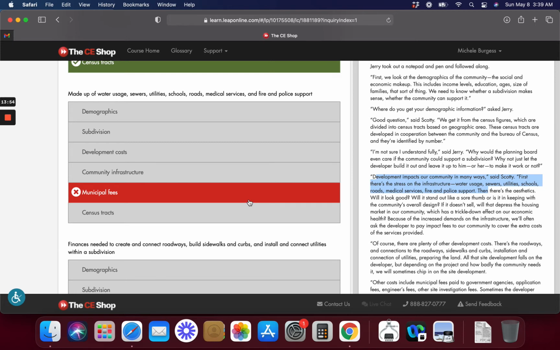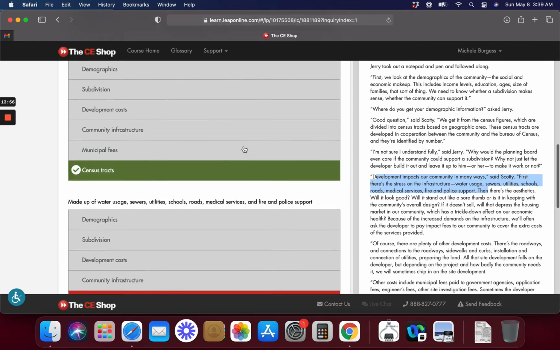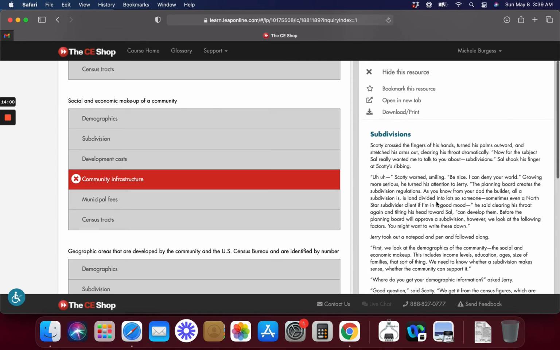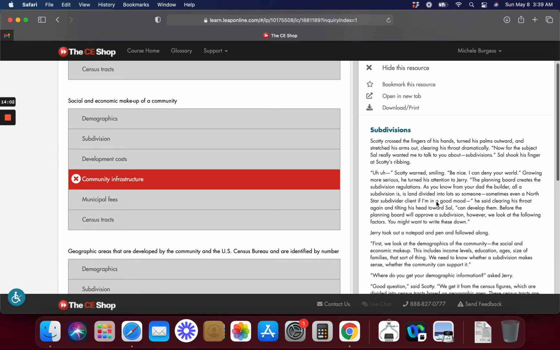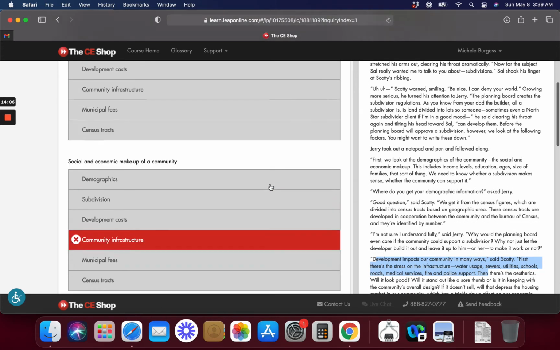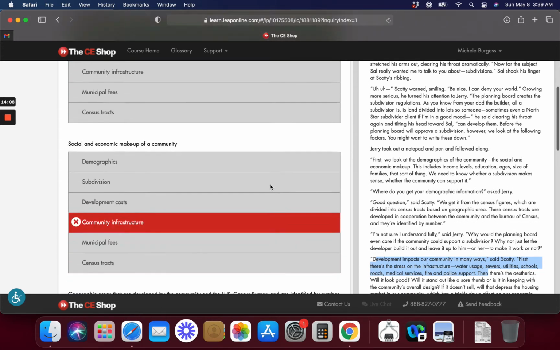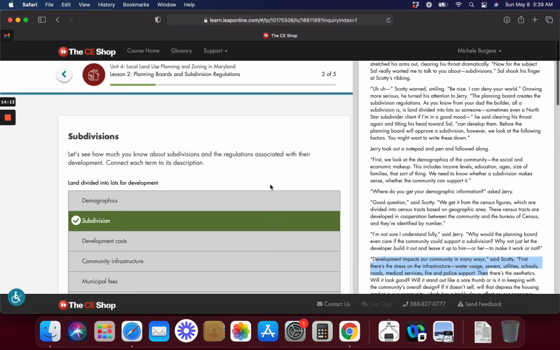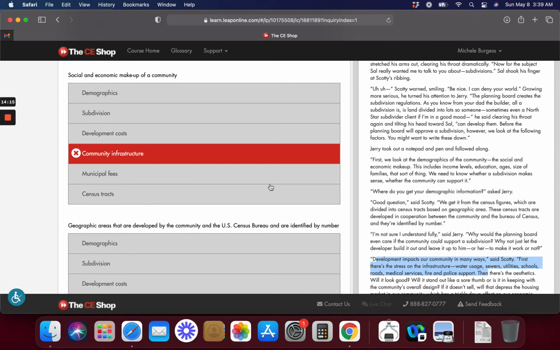Okay. Made up of. It's a social and economic makeup of a community. I'm thinking it's demographics. Did we get demographics right? We did not. So this one has to be demographics.